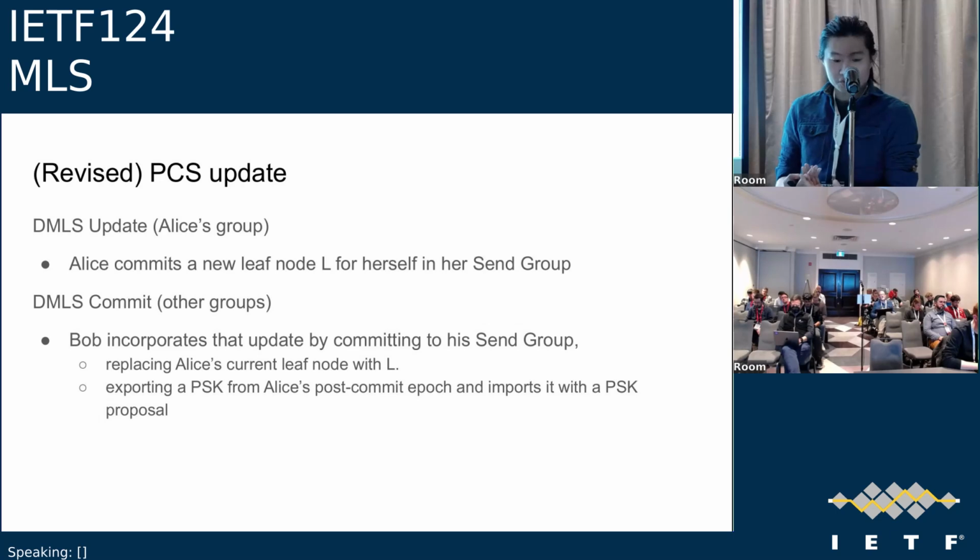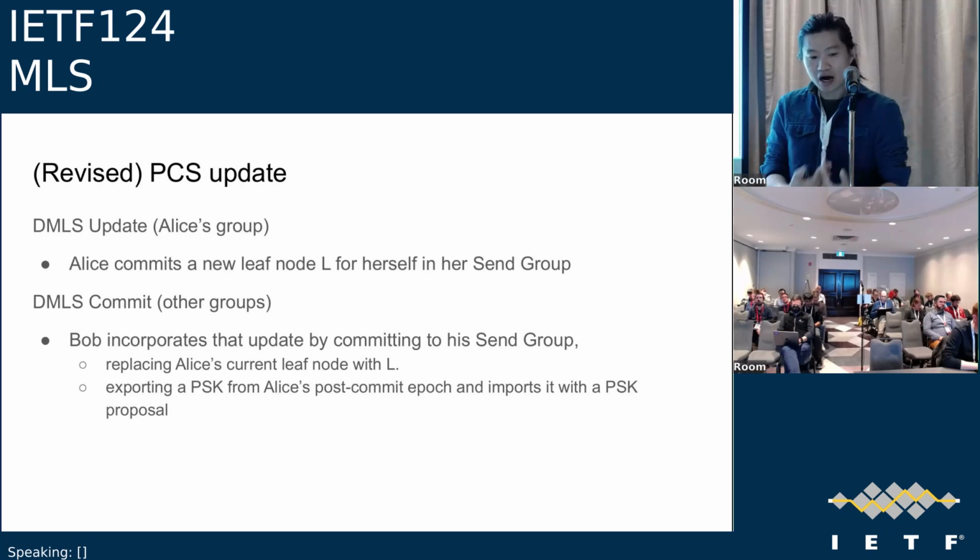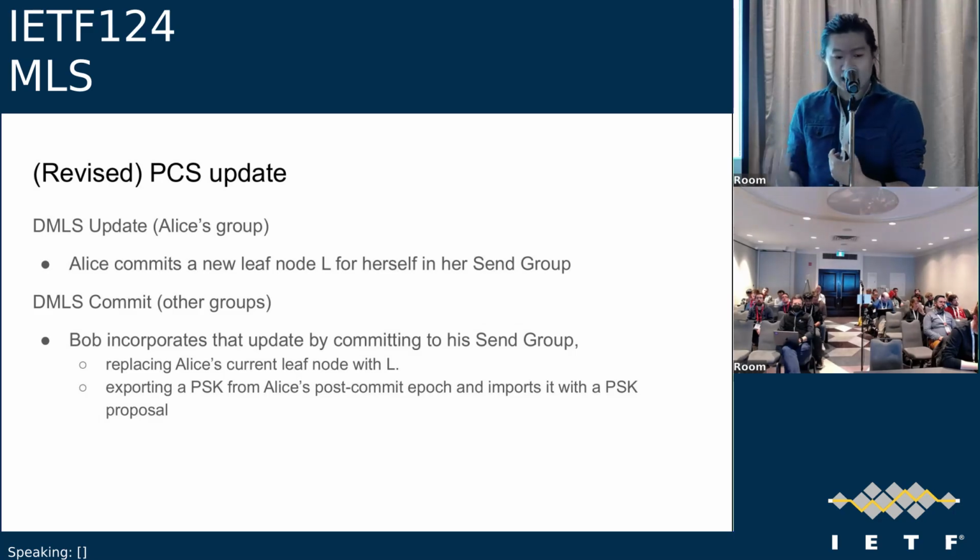He's going to introduce a dependency in his group on the new epoch that Alice has just generated by exporting and importing a PSK. And he's also going to copy over that newly committed leaf node to replace Alice's current representation in Bob's group. And so this is the mechanism that we're going to accomplish PCS across the send groups as users update their own.